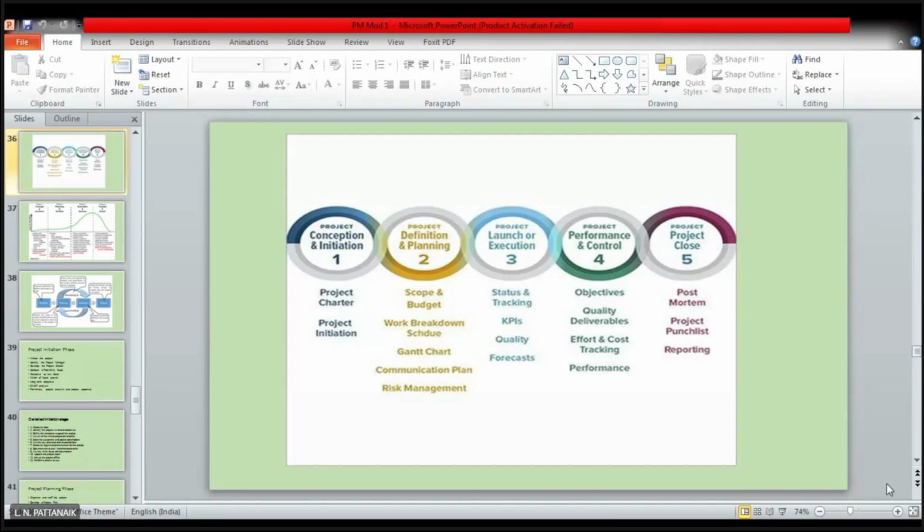Similarly, for a project also, there are various appraisal tests or measurements. As I said, technical appraisal, commercial appraisal, economic appraisal, market appraisal, managerial appraisal, and also socio-economic appraisal. These appraisals we will discuss in coming classes.